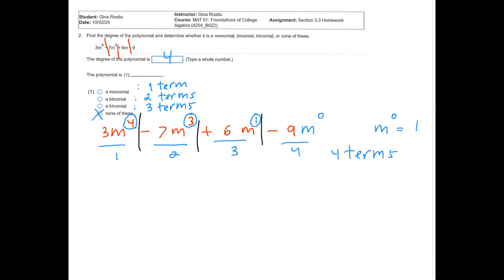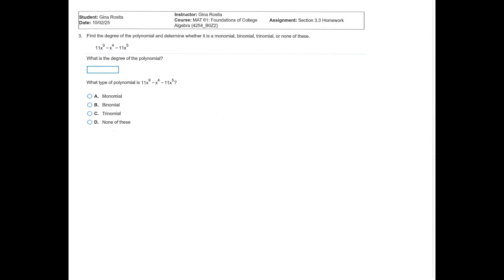Okay. Now go to number 3. Find the degree of the polynomial and determine whether it is a monomial, binomial, trinomial, or none of these. Okay, so now look again. Remember again, to find the degree, you have to look at the greatest exponent.